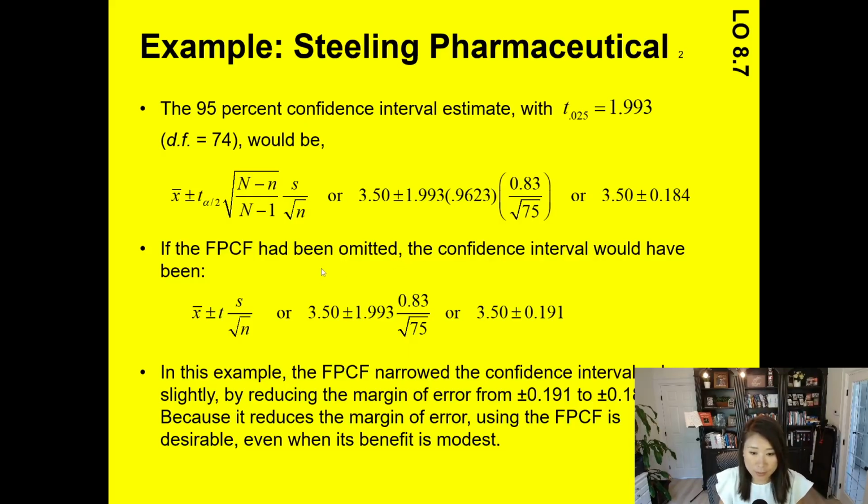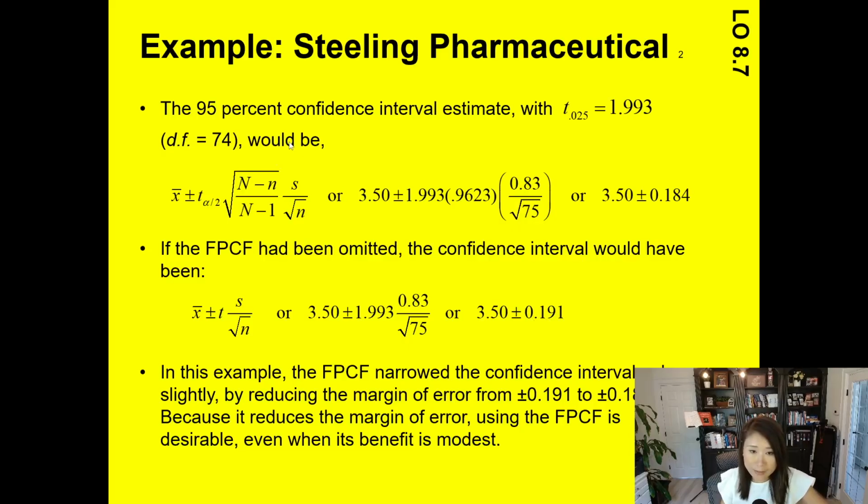I also show you the scenario where we forget about adding that correction. If we forget to add that correction, as you can see, it will be 3.5 plus or minus 0.191. So our margin of error becomes slightly smaller when we apply the finite population correction factor. The margin of error is 0.184 with it, and when we forgot about adding it, our margin of error is 0.191.